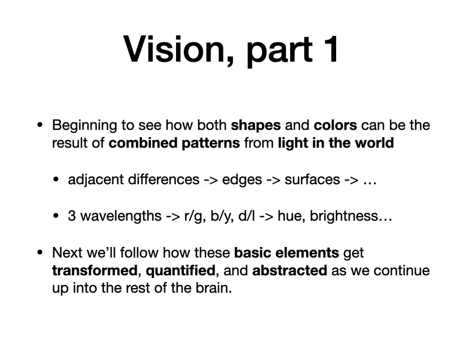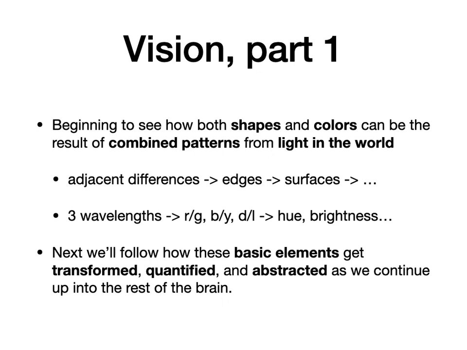I hope you're starting to see here how both shapes and colors can be the result of combined patterns of light in the world. So shapes come from adjacent differences, which can be transformed into edges by connecting a bunch of neurons together, which can be transformed into surfaces by connecting a bunch of those neurons together, right?